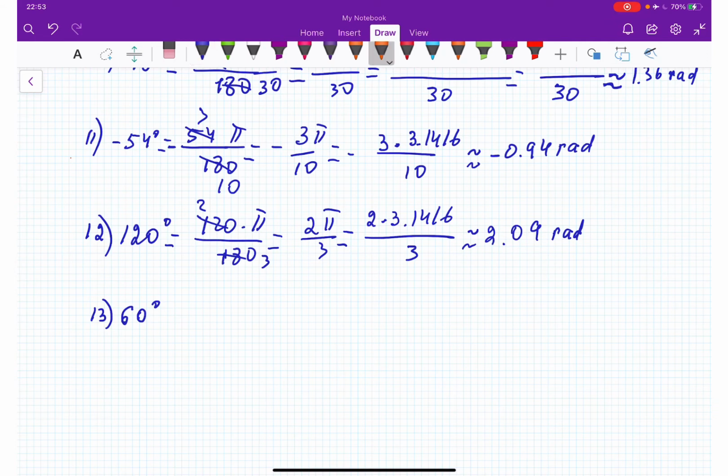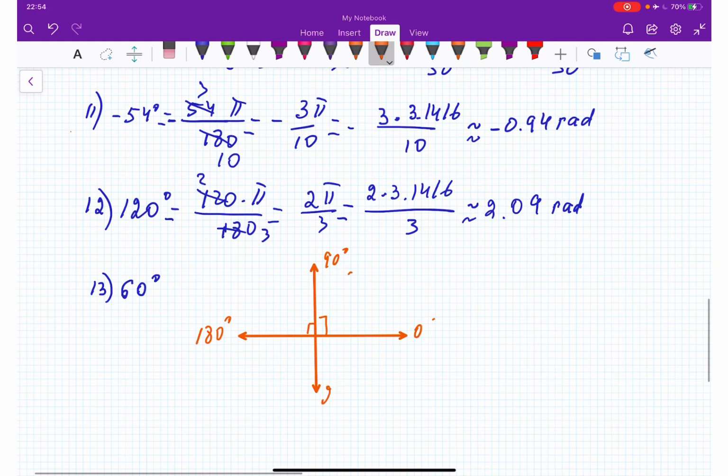So let me pick here our graph. What do we have? This is 0 degrees, this is 90 degrees, this is 180 degrees, because every angle is 90 degrees, right? This is 270 degrees. We need 60 degrees, which means falling in the first quadrant, yes?